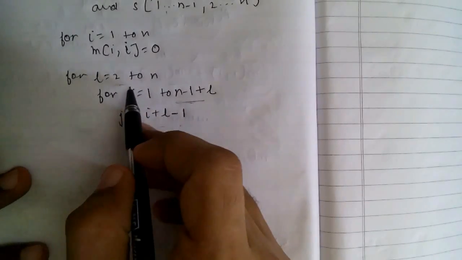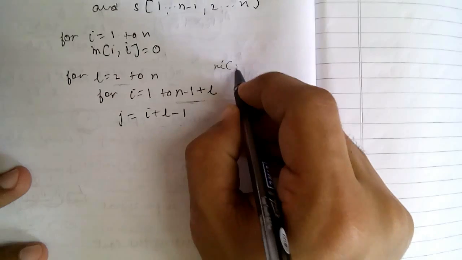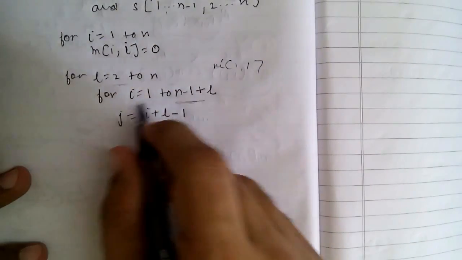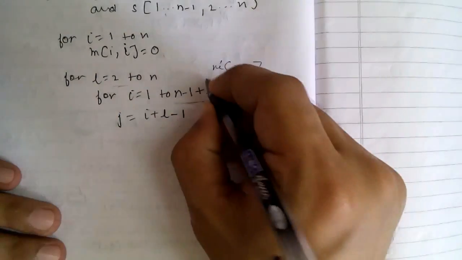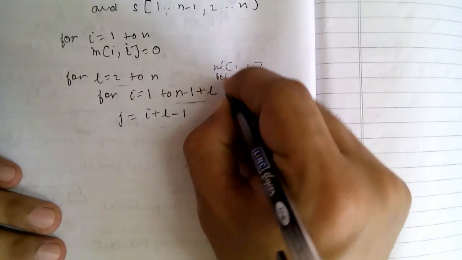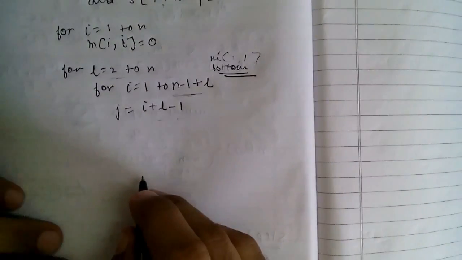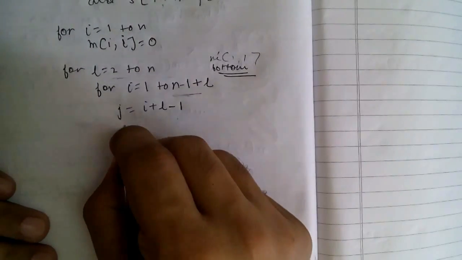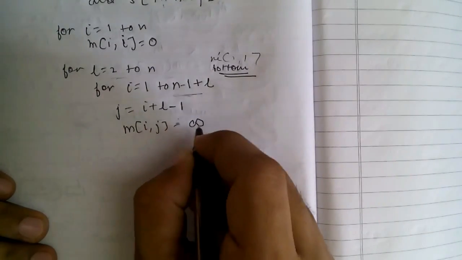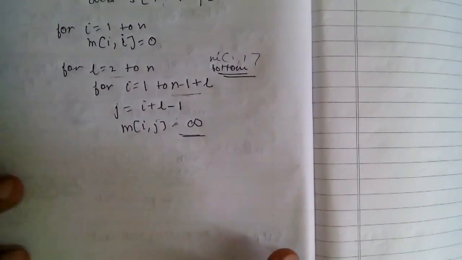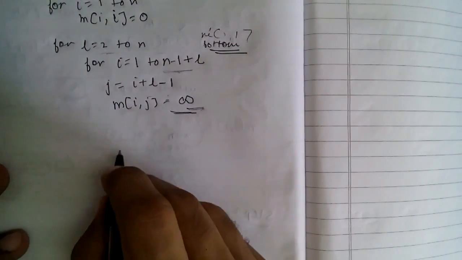In the first loop run, it will be m of 1,1, then 1,2, and this will go on increasing. So we are using the bottom-up approach of dynamic programming. This is the loop for that, and we set m of i, j equal to infinity in the start. This is the pseudo code.